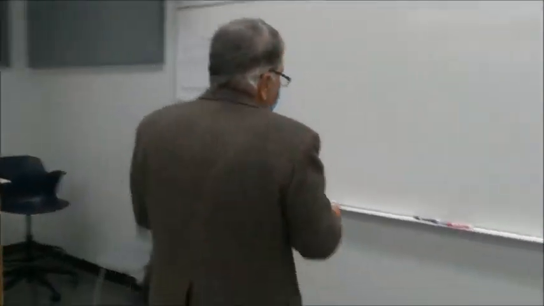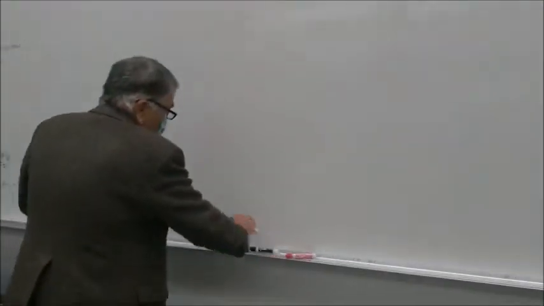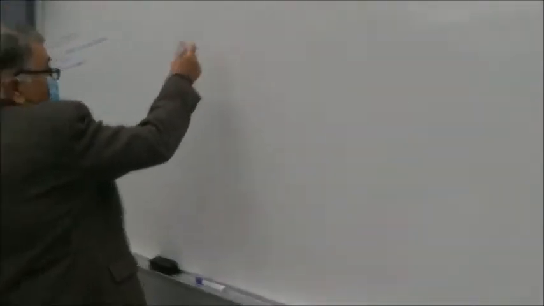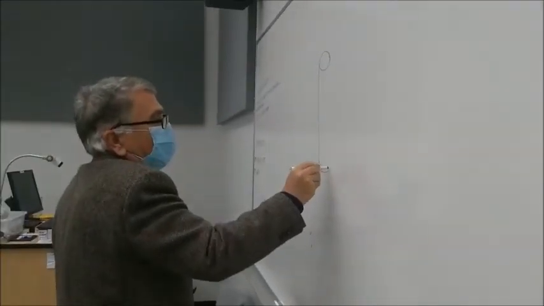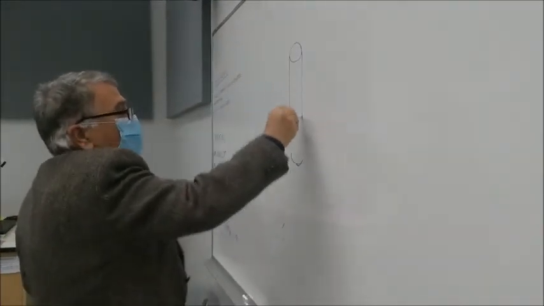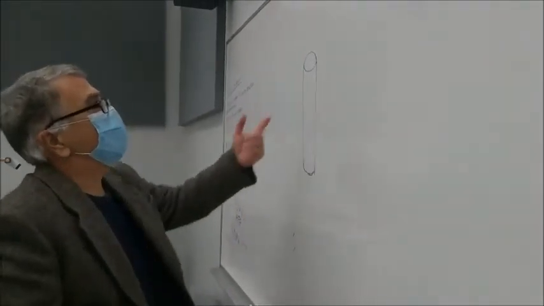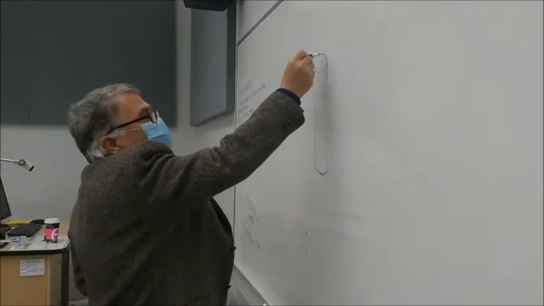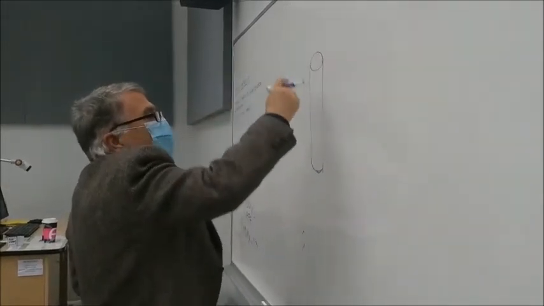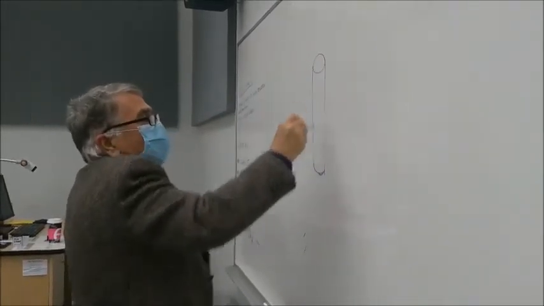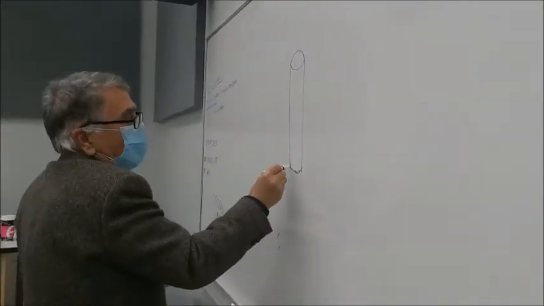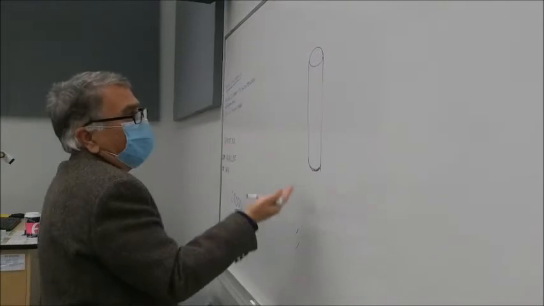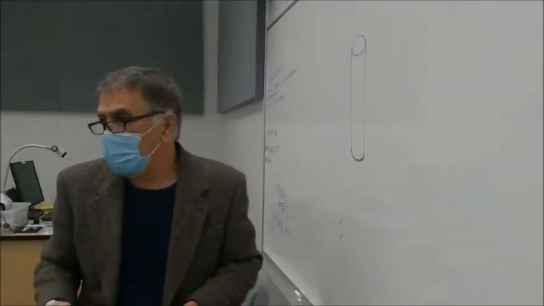Just to give you an example, last week we talked about, let's say, a cylinder, right? We drew a cylinder with these lines. This is from this plane, and these two lines for the plane going like that, and this line for the plane on the bottom, right?